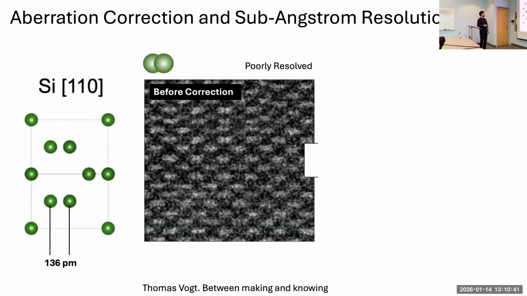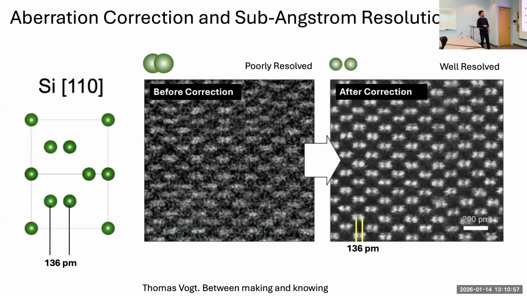This is a cartoon picture of silicon. If you look at it from the 110 direction, it has atoms that are about 136 picometers, 1.3 angstroms, apart. This is an image before correction, and next to it, now you can nicely resolve the silicon dumbbells. So the aberration correction was key to break through that 1 angstrom limit and start resolving atomic structure with high resolution.